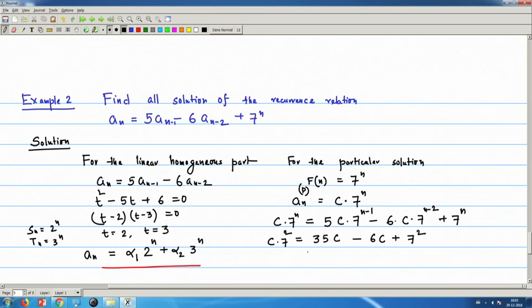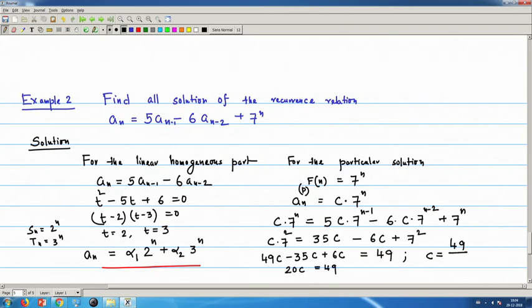So, this becomes 49 c minus 35 c plus 6 c equal to 49, that gives 20 c equal to 49.